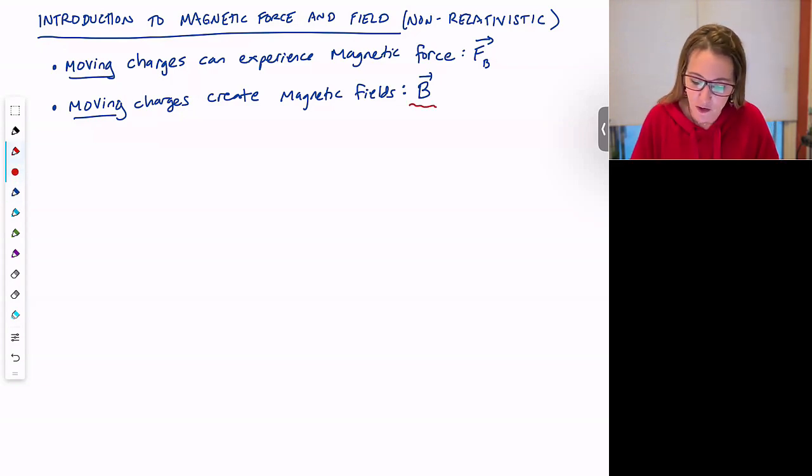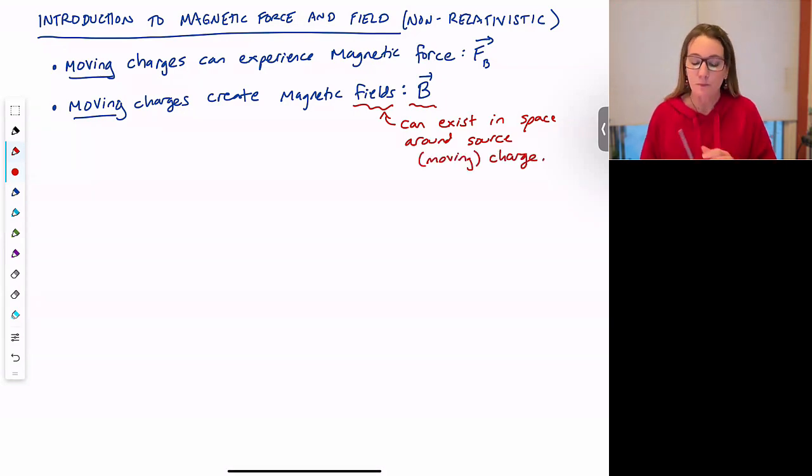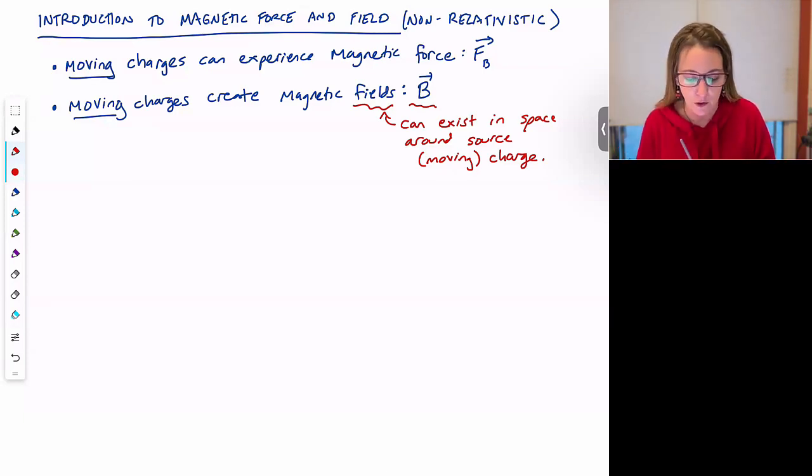The magnetic field can exist in a space around the source moving charge, right? So we can then describe the space around it just like we used electric fields to do that.